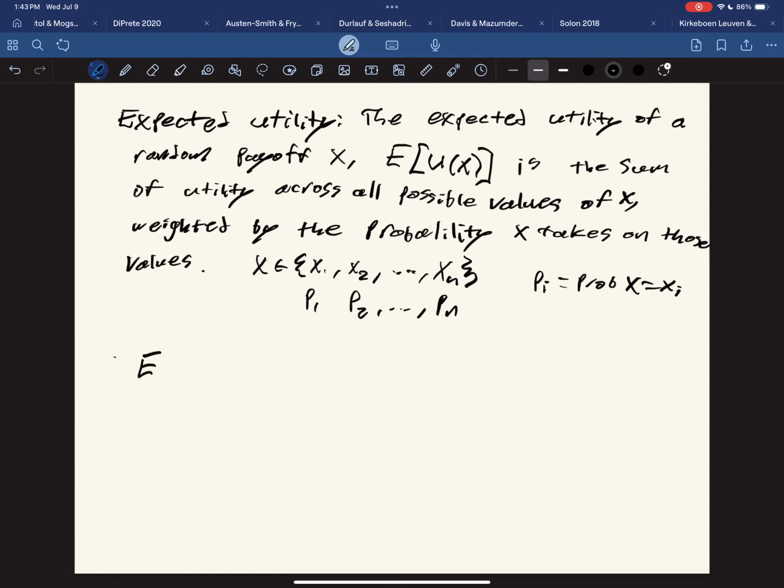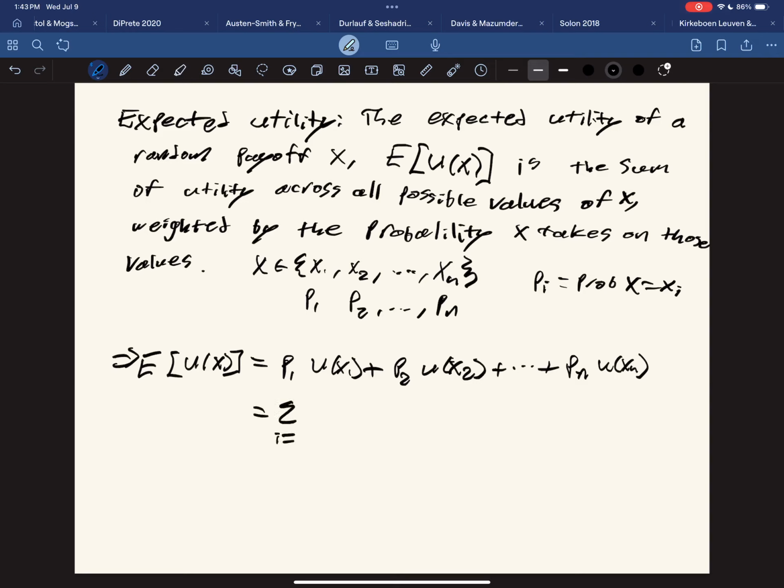Then the expected utility of X is equal to P1 times U of X1 plus P2 times U of X2 plus ... plus Pn times U of Xn, which in turn is equal to the sum from i equals 1 to n.